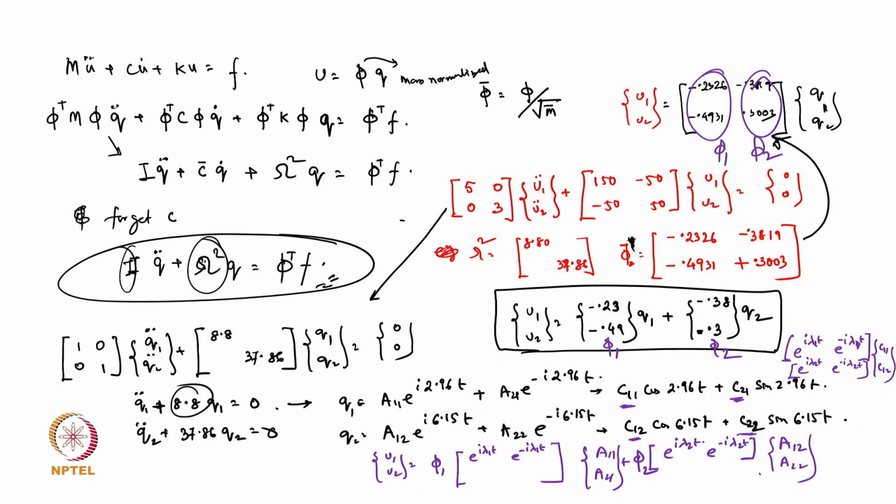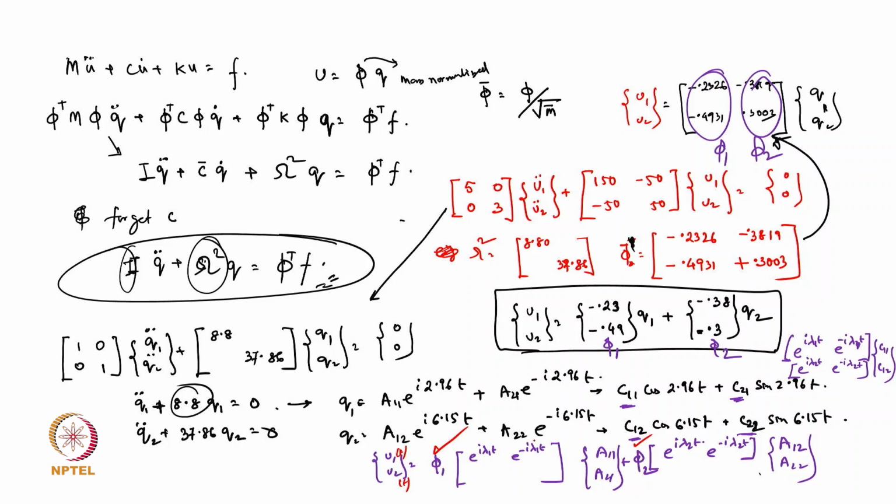So let's check what we got and what the unknowns are. U1, U2 we have to calculate. Now, is phi 1 known or unknown? Known. Once we know the system, phi 1 is known, and phi 2 is also known.